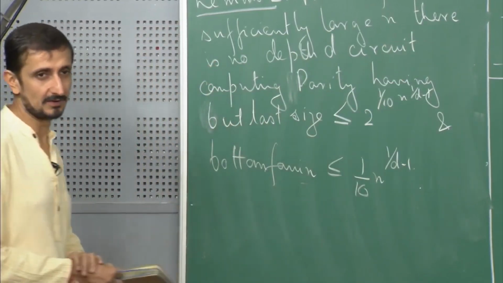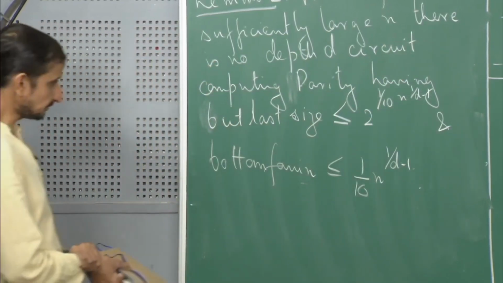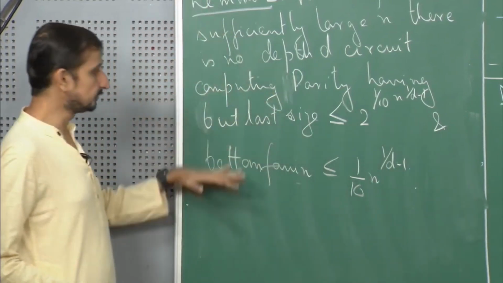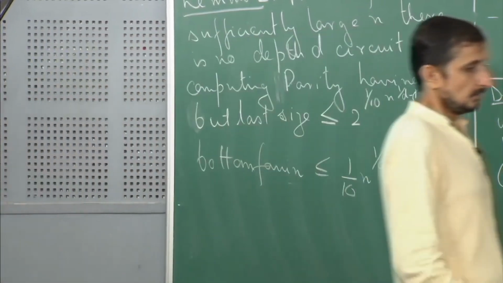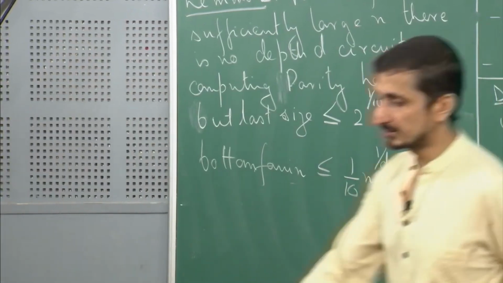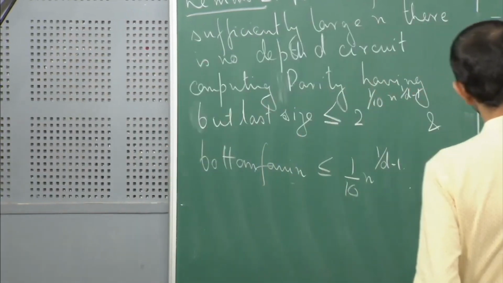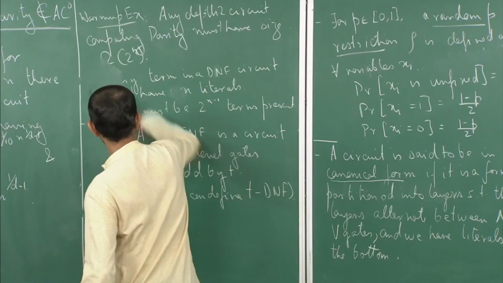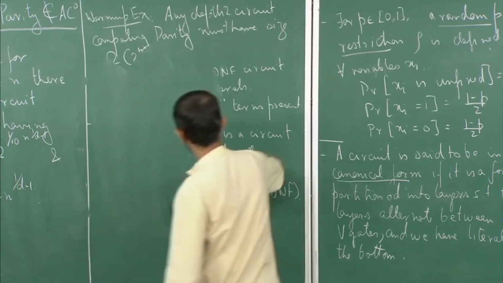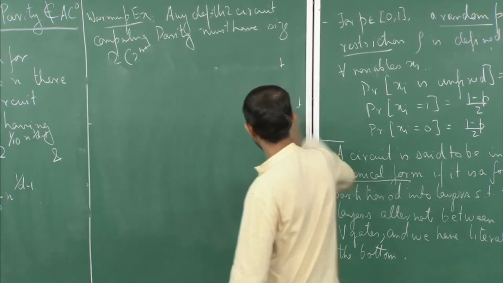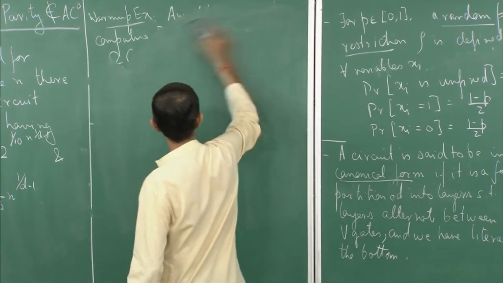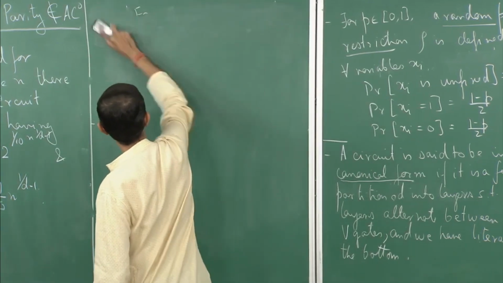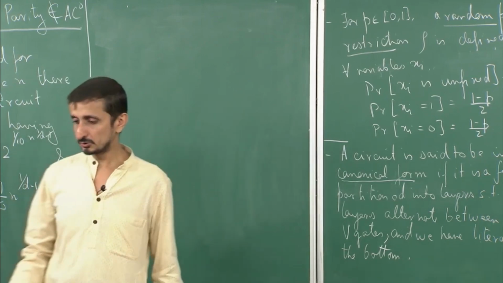So, if I am able to prove this lemma, it is sufficient to prove the theorem. How do we prove this lemma? Here is where Hastad's main result comes in. To prove this lemma, what he gave is what is popularly known as Hastad's switching lemma.